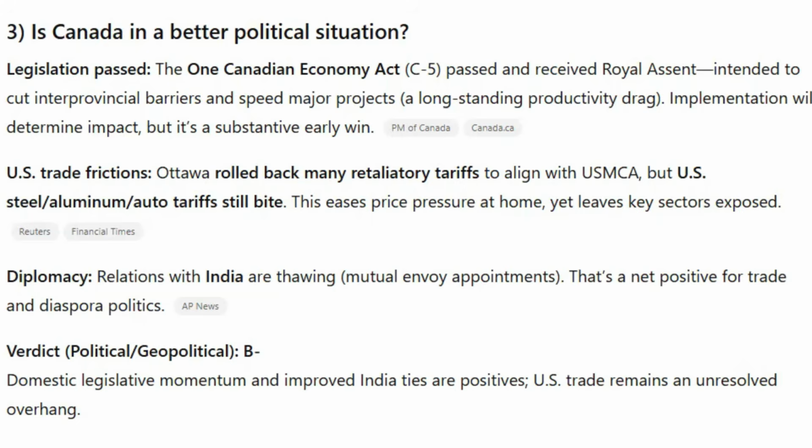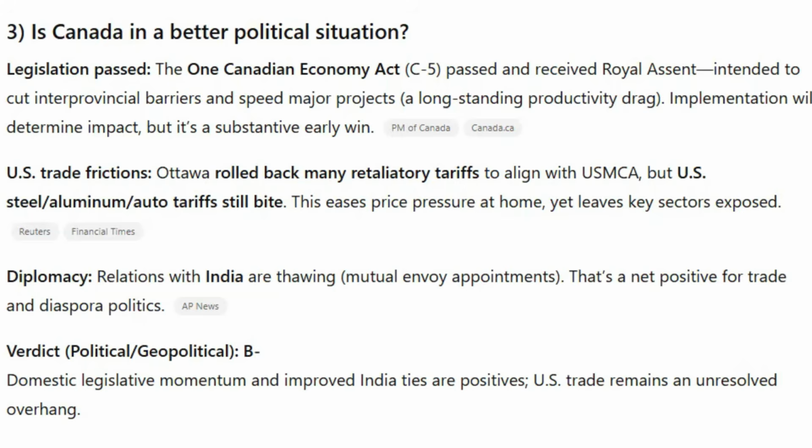I'm surprised that you didn't put China in there, ChatGPT, because the canola guys have huge tariffs put on them by China, because Canada has put tariffs on the EVs made in China.